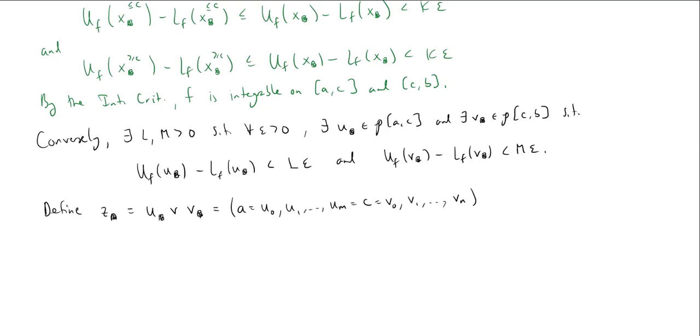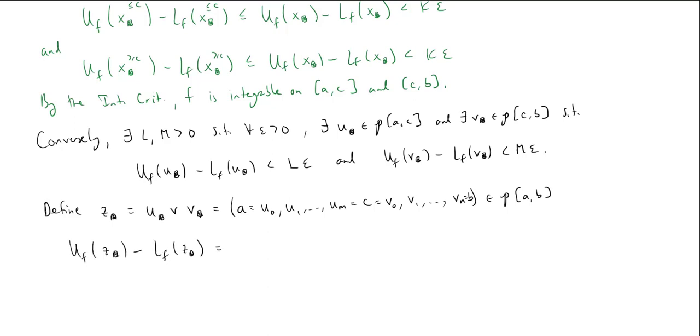So we get this Z, which is a partition of AB, because Vn is still equal to B. All right, well, what happens when we compute the difference of the upper and lower sums? If I want to compute the upper sum for Z, I'm computing it across first just the U bit and then across the V bit.